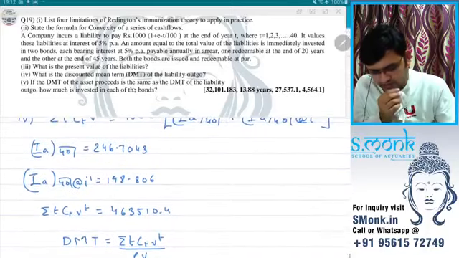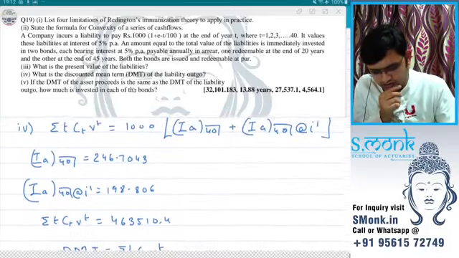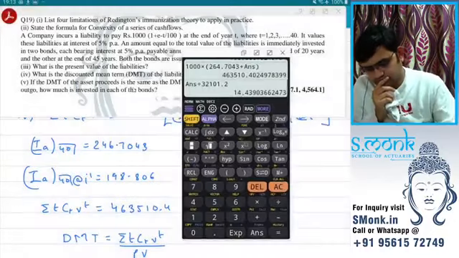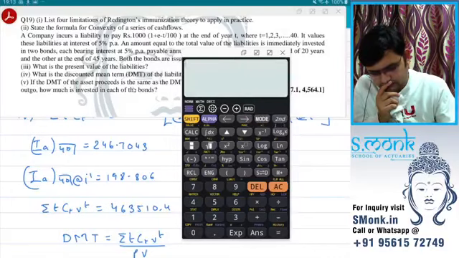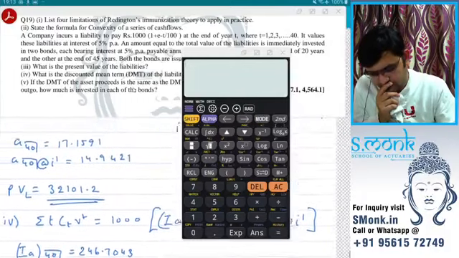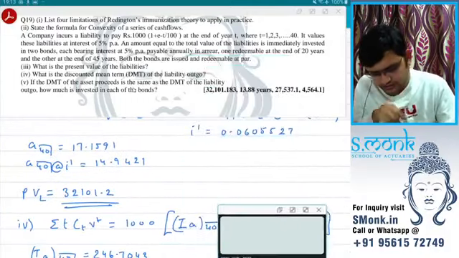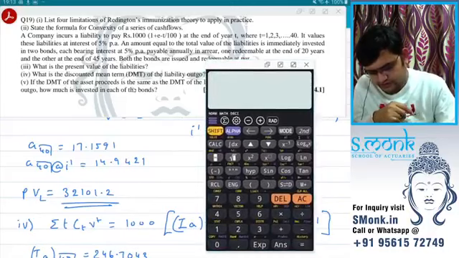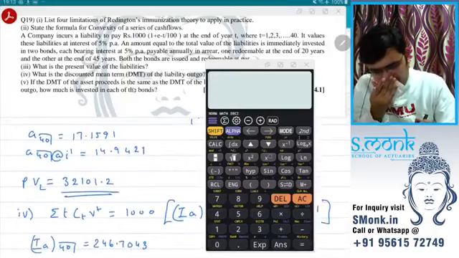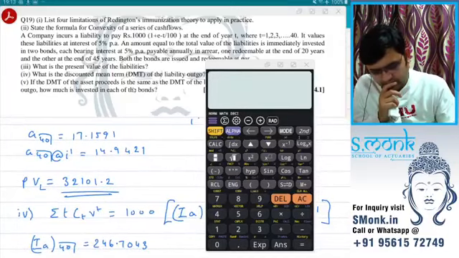My calculation may have been wrong. Because this is right, correct. This calculation is correct. Yeah, this is correct. Present value is correct. So these two are correct.